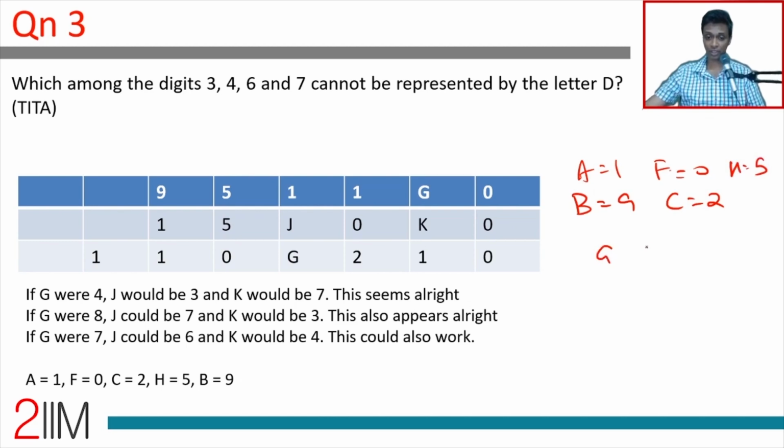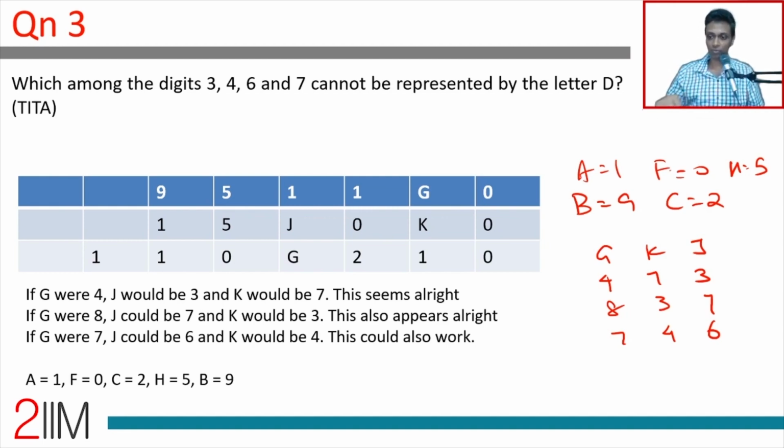G, K, J could be 4, 7, 3, or it could be 8, 3, 7, or it could be 7, 4, 6.